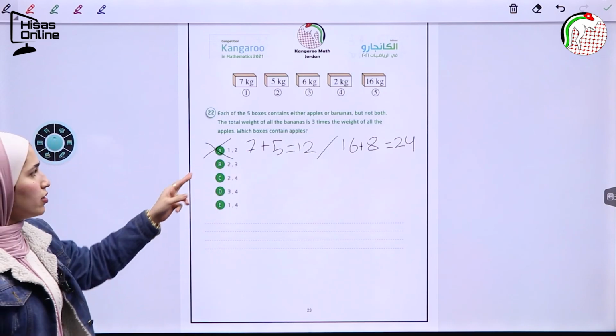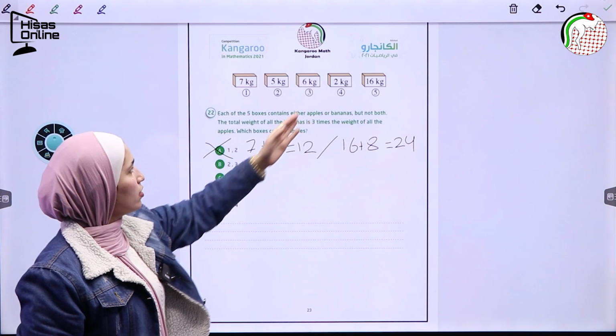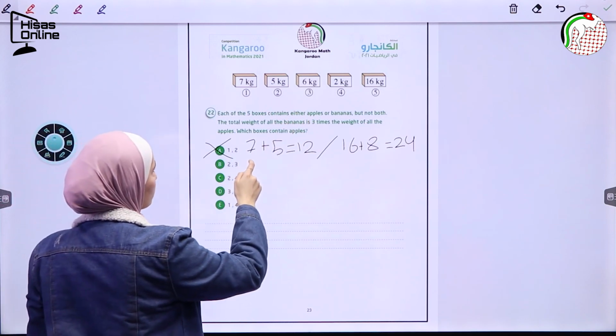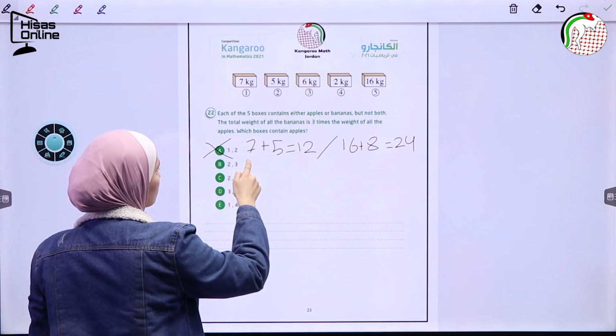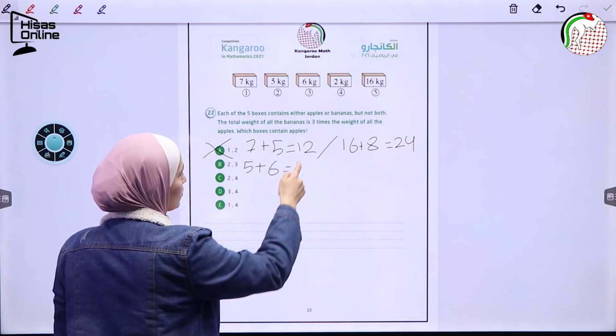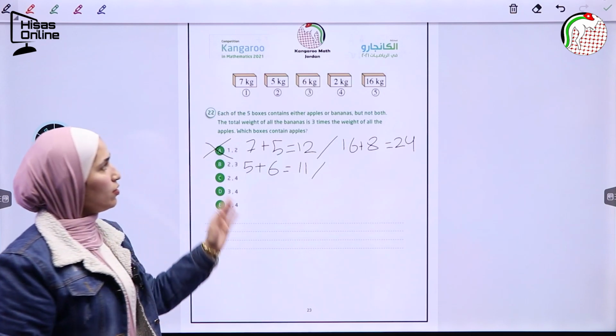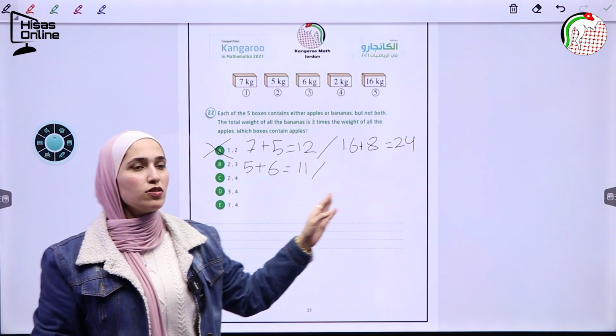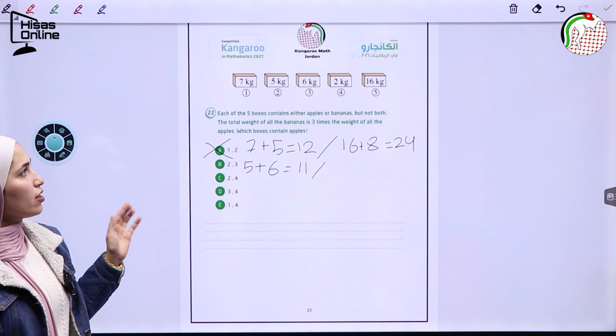So let's try B. 2 and 3. Add them. 2 and 3, that means 5 plus 6 equals 11. So if the sum of the other boxes equals 33, then this will be the answer.